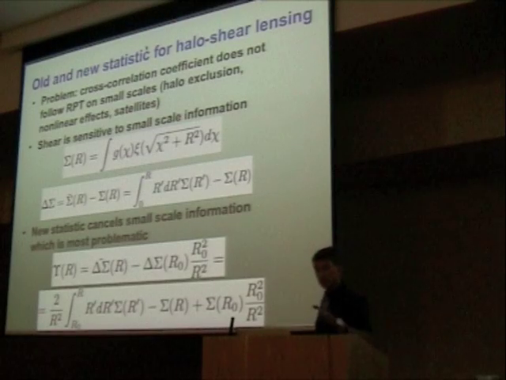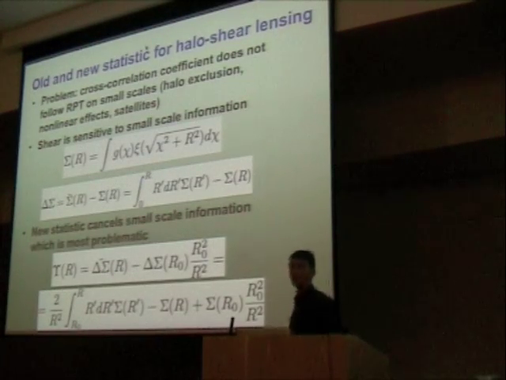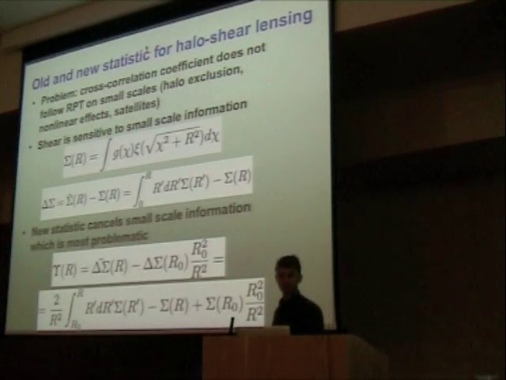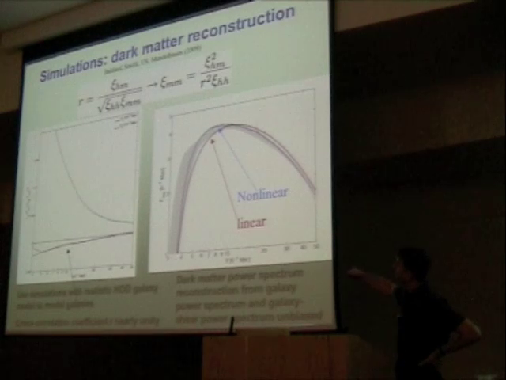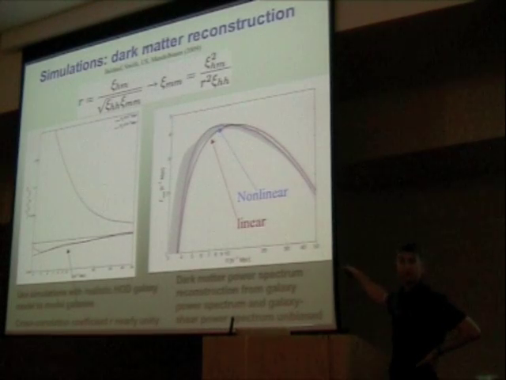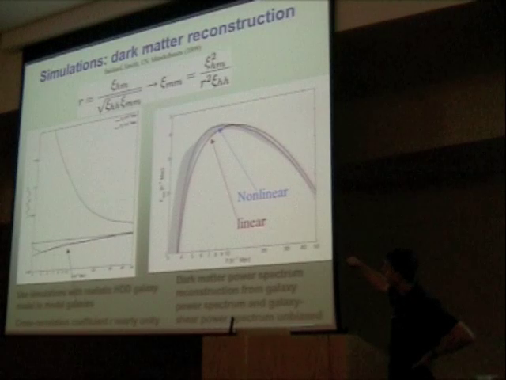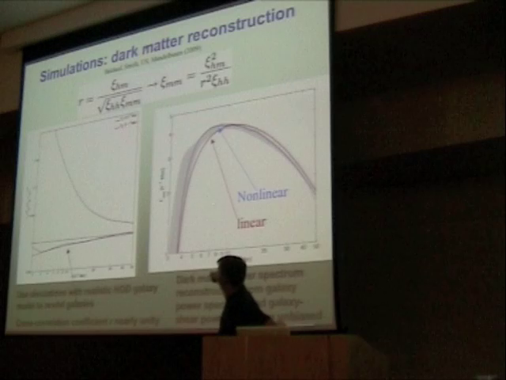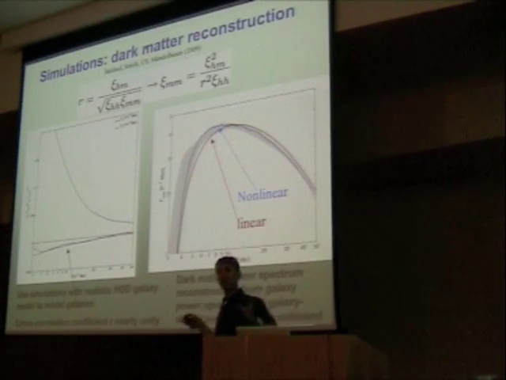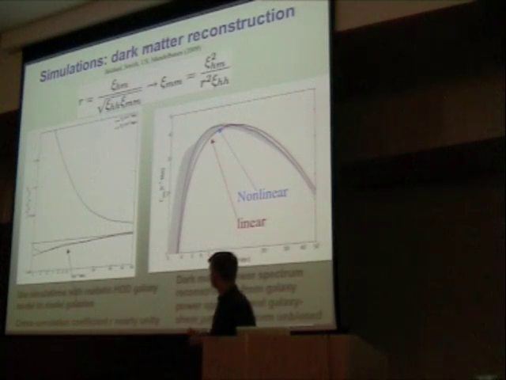So if you choose r0 to be larger than twice the virial radius, then one eliminates this problematic information on small scales. We tried it on simulations, and this is the example for the cross correlation coefficient. If your r0 is 0, you can see it's very different from 1. On the other hand, if we do this from r0 equal to 3 megaparsecs, in other words, we eliminate information below 3 megaparsecs, then in simulation we get this red line.